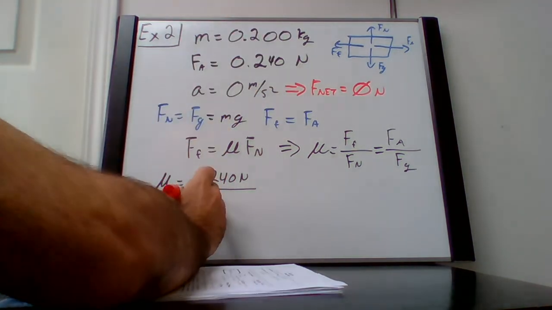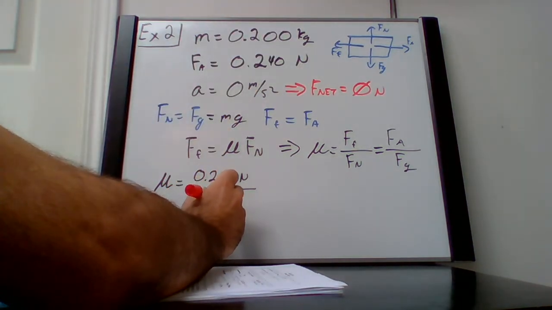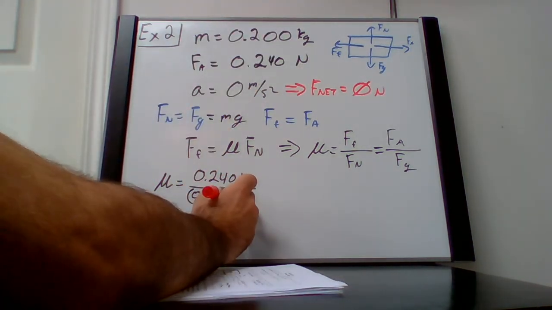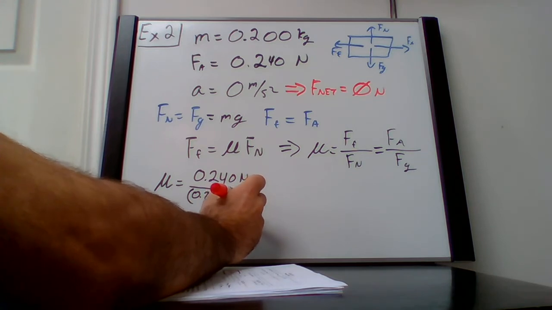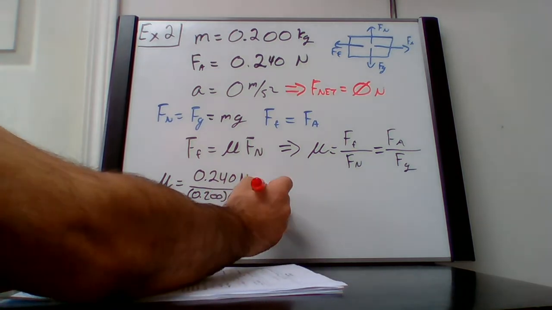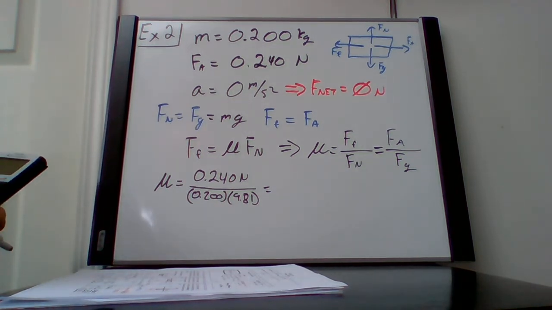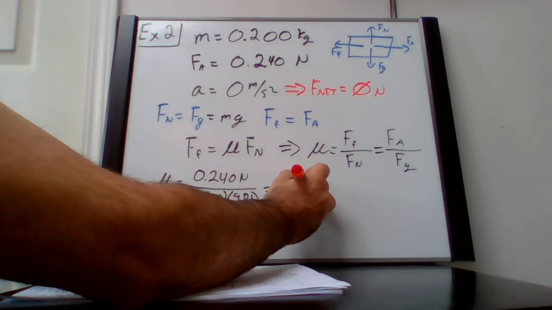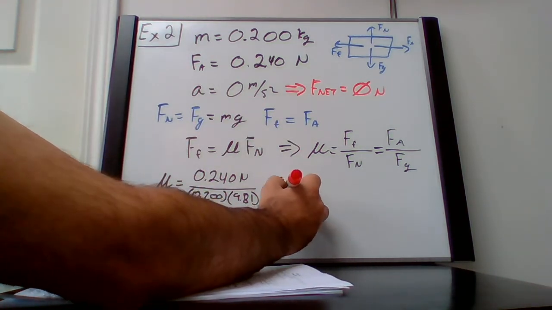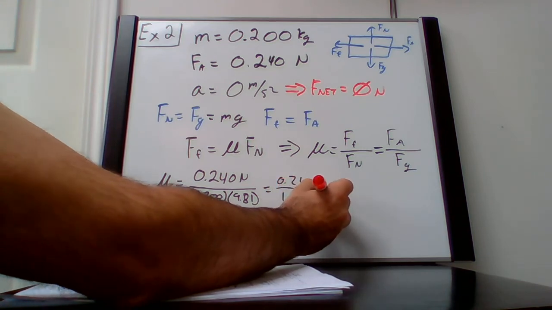We have our mass, 0.200, and we have our acceleration due to gravity of 9.81. So this is 0.240 divided by 1.962.